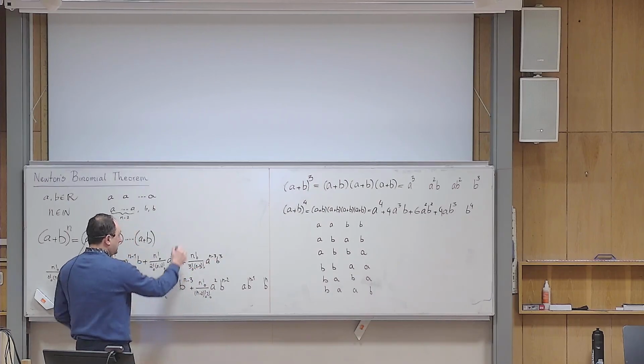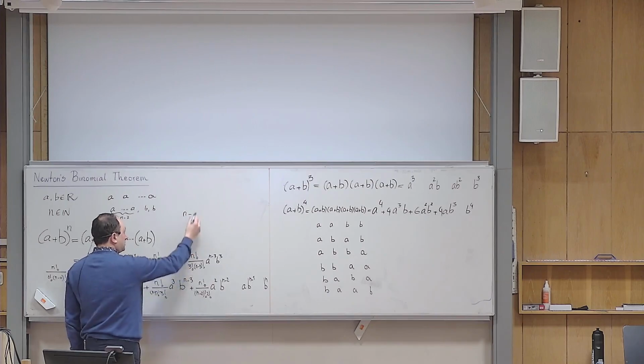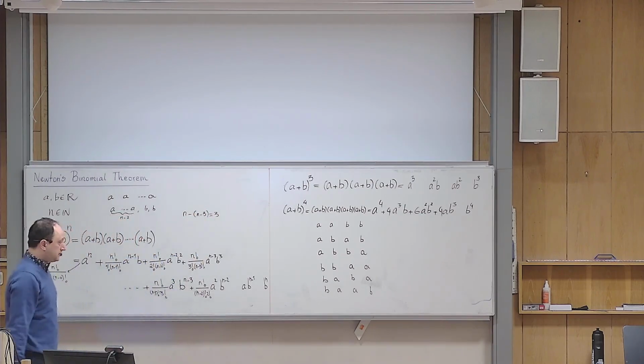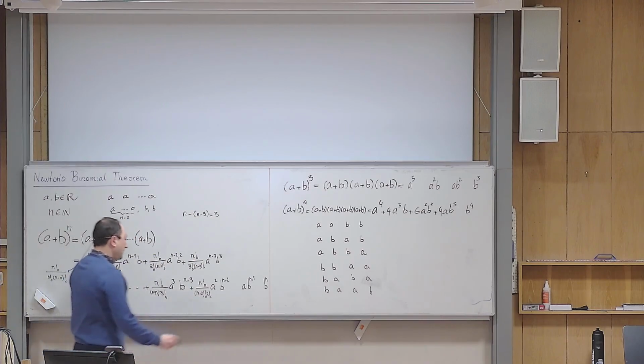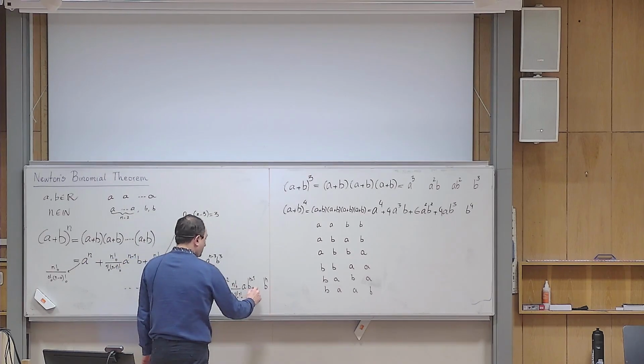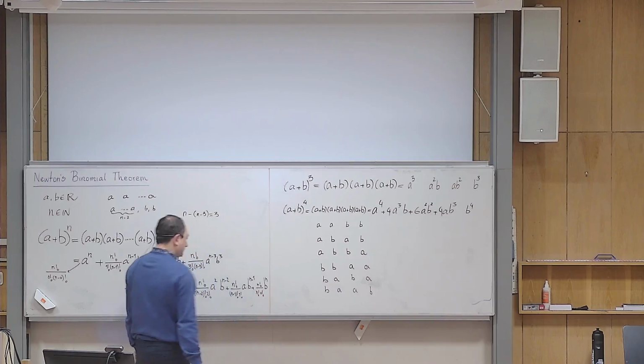In this case, n minus the number of b's becomes 3. Yes. Okay. And then the same story here. So n factorial here, n minus 1 factorial, and then 1 factorial. And if you want to, you can write n factorial, and 0 factorial.